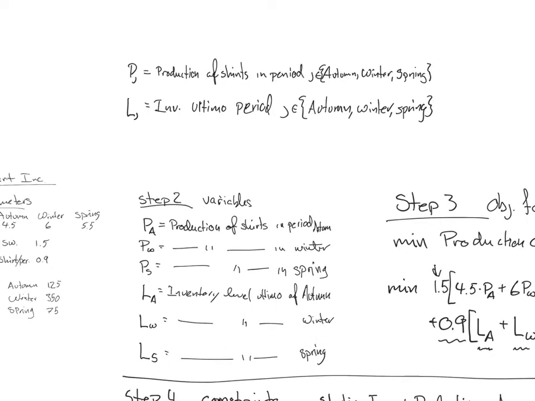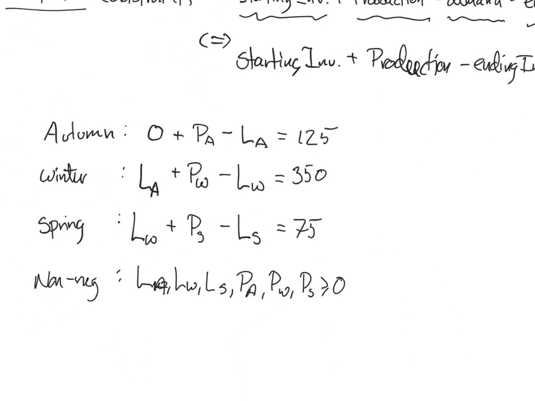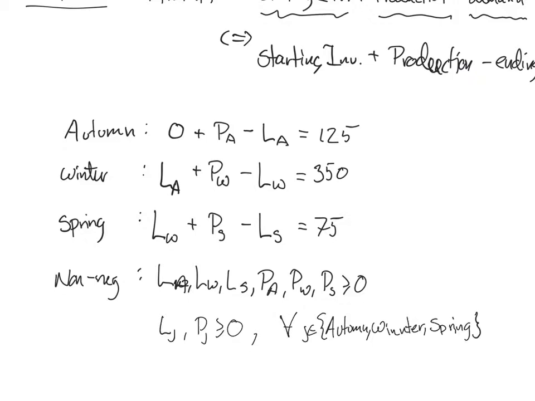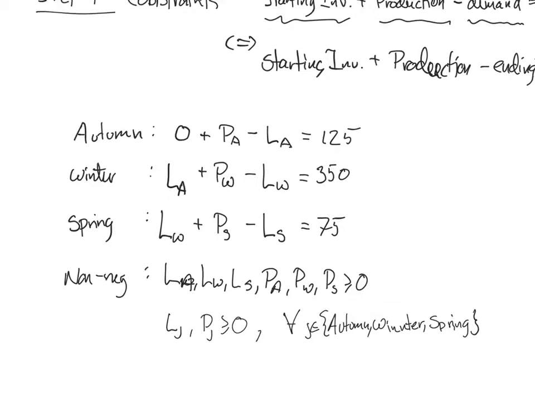Okay, because then we could have written this last non-negativity constraint as Lj, Pj should be greater or equal 0. Then we use the logical quantifier for all j in autumn, winter, and spring. Like that. So that was just a side note.